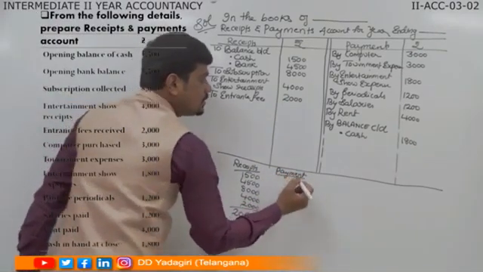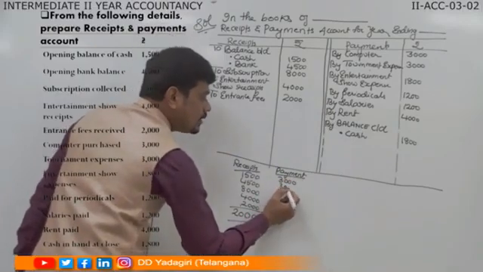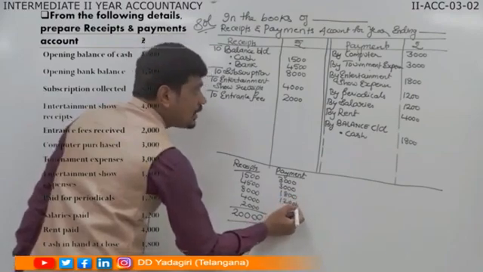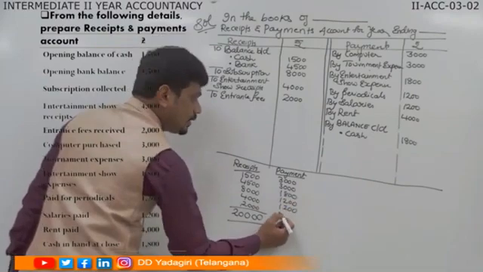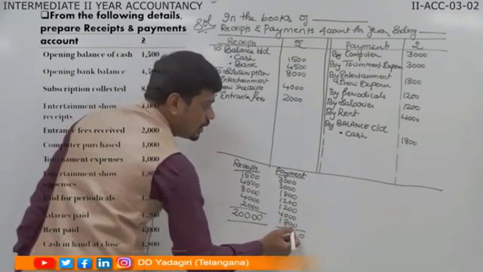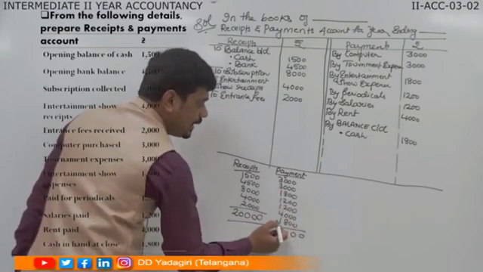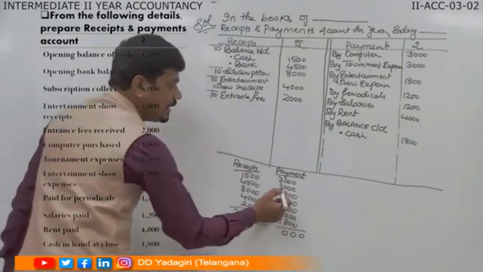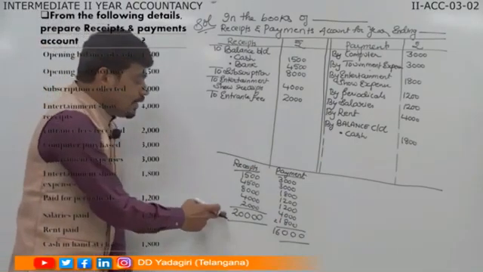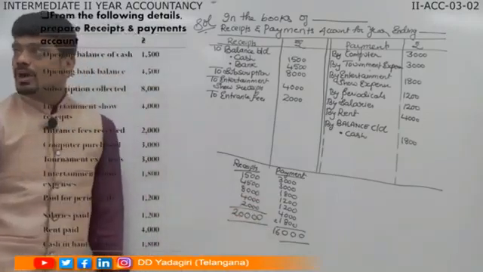So I'll write payments: 3,000, again 3,000, 1,800, 1,200, 1,200, 4,000 and 1,800. We'll do the total. 0, 0, 8, 9, 10, 11, 12 plus 8, 20. 3, 7, 8, 9, 10, 10 plus 6, 16. Means totally there were 20,000 worth receipts in which we made the payment of 16,000.